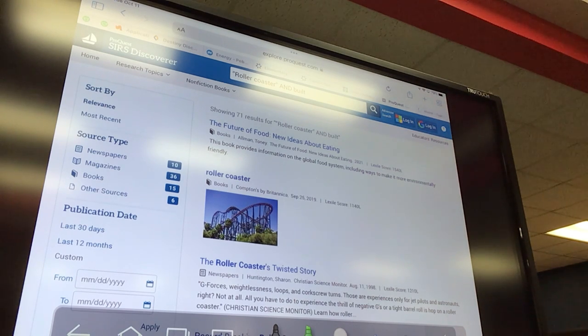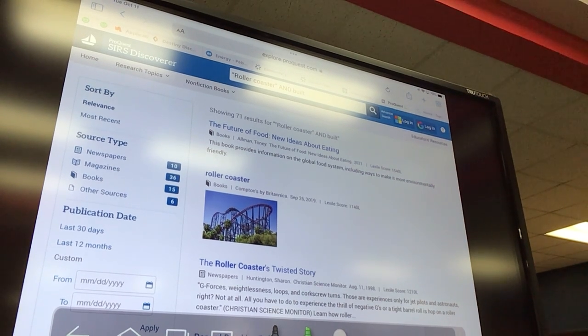Have you identified your question? You gotta have a question before you start searching. So your table needs to come up with a question. You have a question? So think about, I'm gonna help you a little bit. You're going to be building a roller coaster next week. What do you need to know before you start building it? How they're built, right?